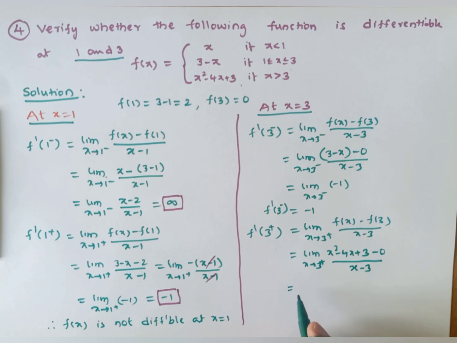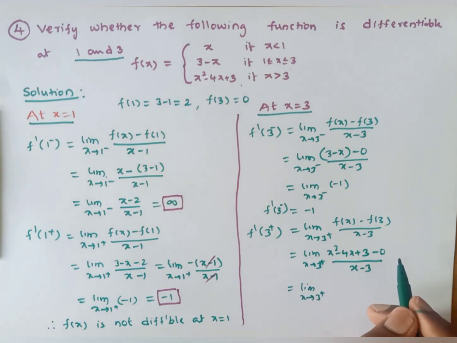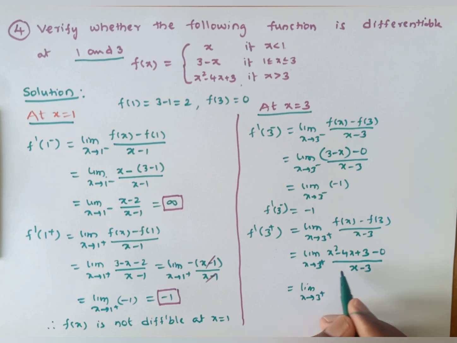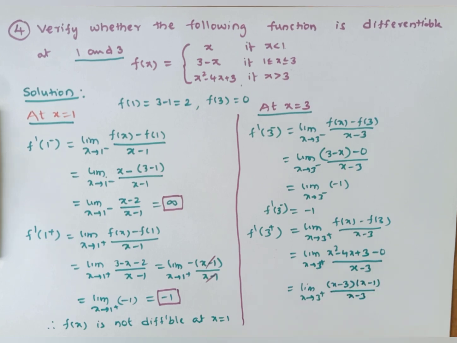You can factorize this: x square minus 4x plus 3 is x minus 3 into x minus 1, divided by x minus 3. Here x minus 3 gets cancelled, so x minus 1 is there. As x goes to 3 plus, 3 minus 1 is equal to 2.